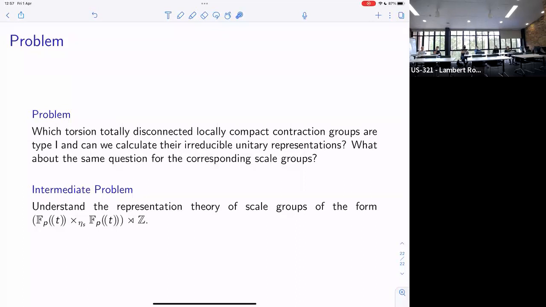I haven't started working on this problem yet, but we can also apply the Mackey machine here to understand the representations of this group, as we have this normal subgroup, the formal Laurent series, which is type 1. We can then work on inducing representations from this normal subgroup to the whole group. But I haven't quite started working on this yet, so this is the next step.